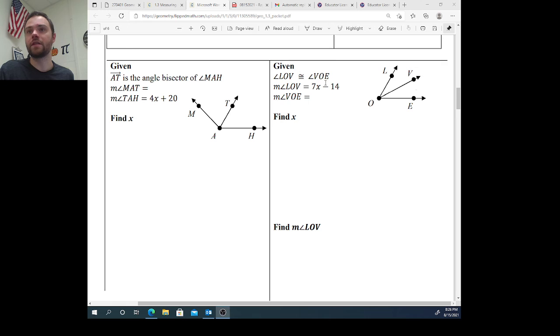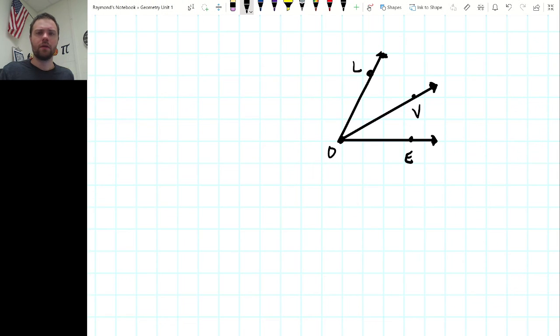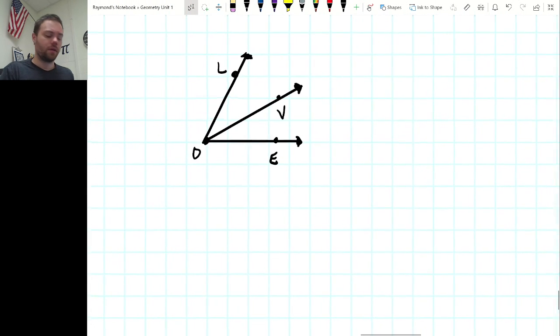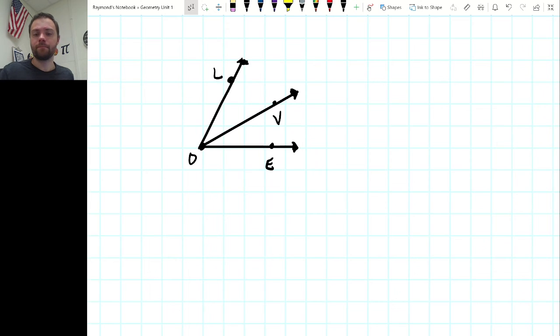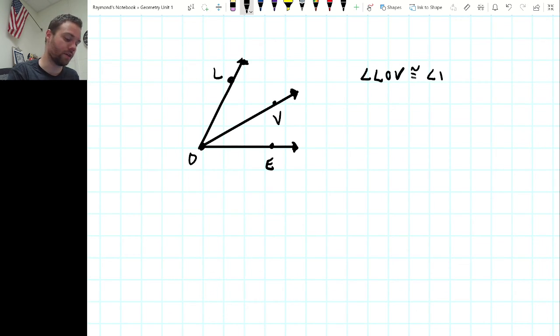They're saying that angle LOV is congruent to angle VOE. Okay? So angle LOV is congruent to angle VOE.